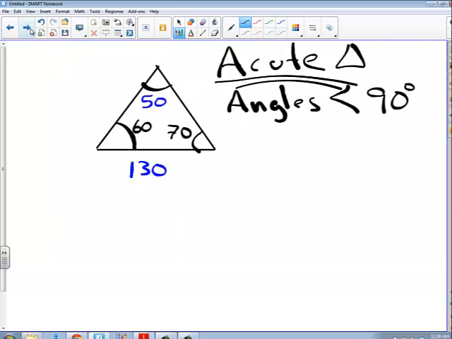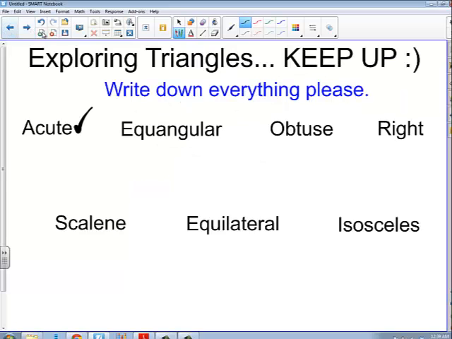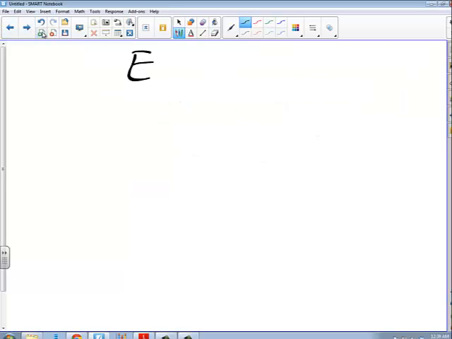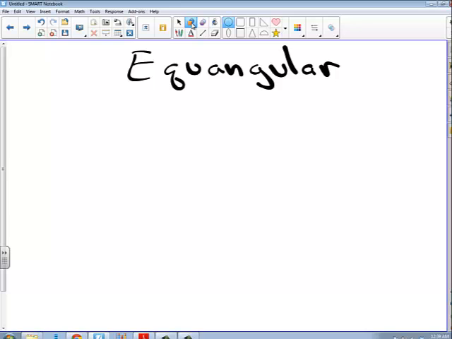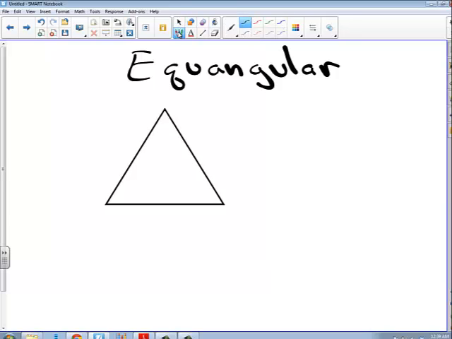Equiangular. Okay, an equiangular triangle. Equiangular, hopefully you could have guessed it already, is it has equal angles. So an equiangular triangle looks like this. Okay, all 3 of these angles are the exact same degree.